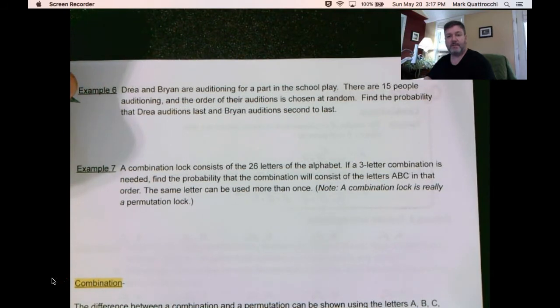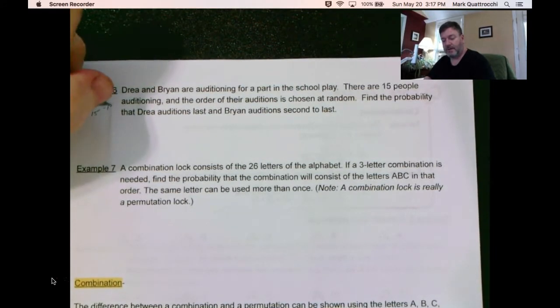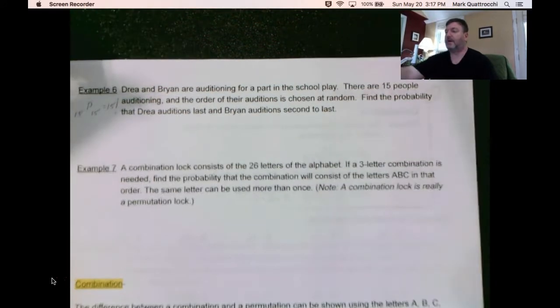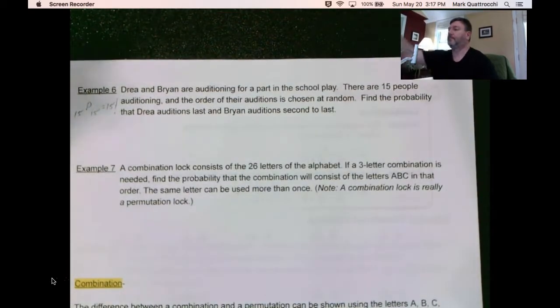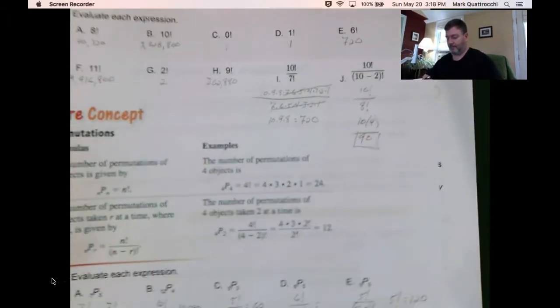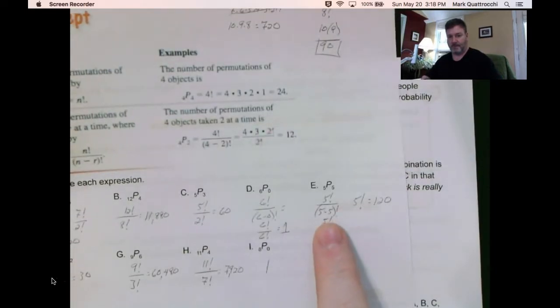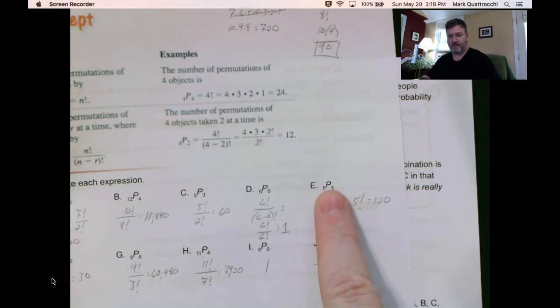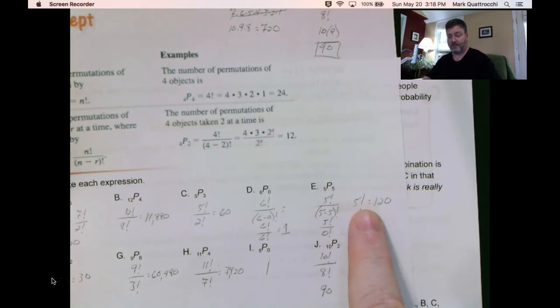15P15 is equal to 15 factorial, which we saw right here when we did 5P5. 5P5 is 5 factorial over 0 factorial, or 5 factorial.